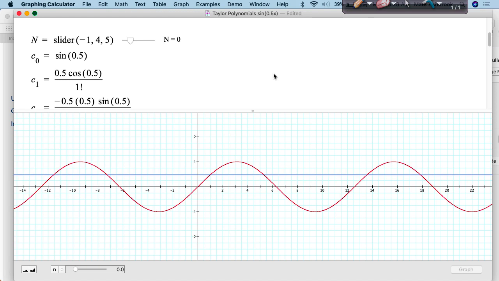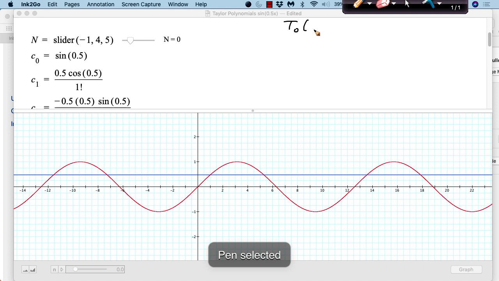The T0th polynomial just ends up being the graph of y equals 1/2. And why is that significant? Because that's what you get when you plug 1 into the function. So the only thing this blue graph is getting right as it tries to approximate the red graph is the function value at that 1 point.